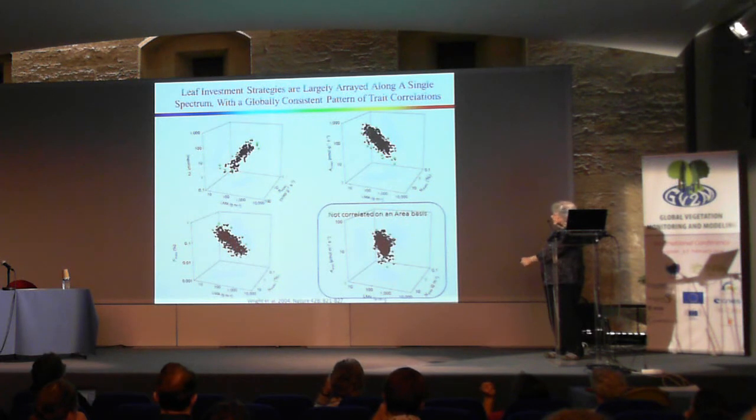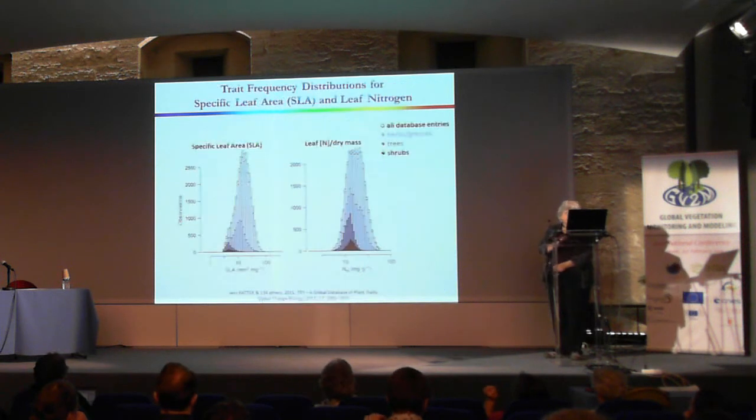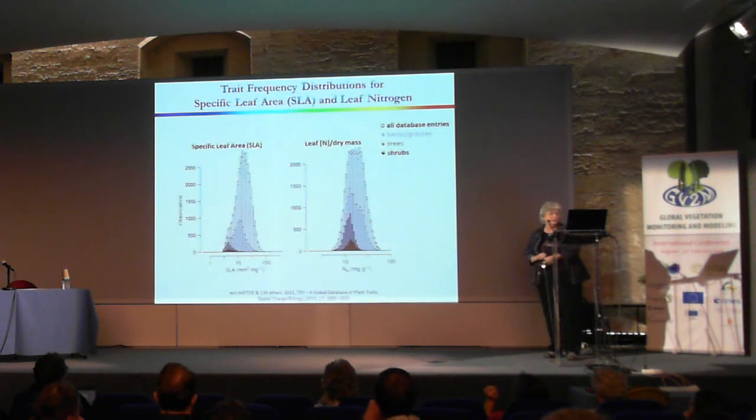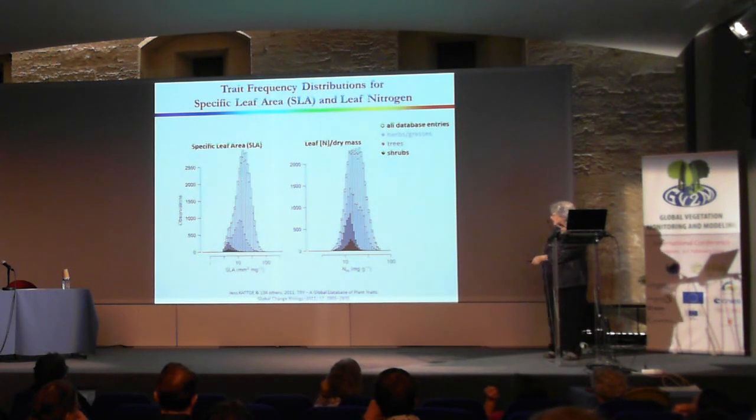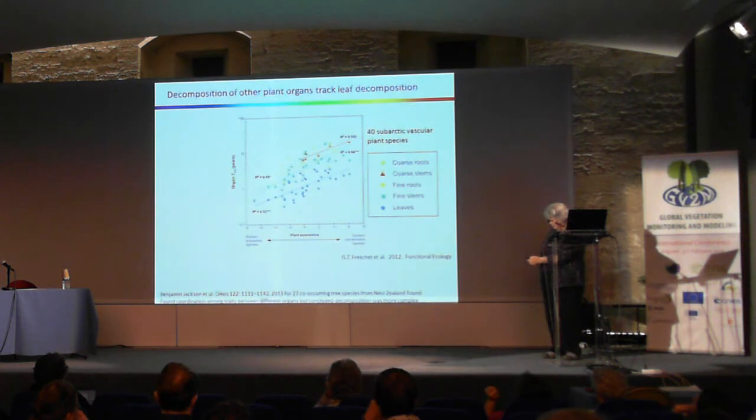So these are highly correlated traits, but they don't have the same correlation on an area basis. It's more of a scatter plot. This work was extended by the TRY database, which is a huge database with, I think, about 70,000 samples in it, or at least it was in this paper.